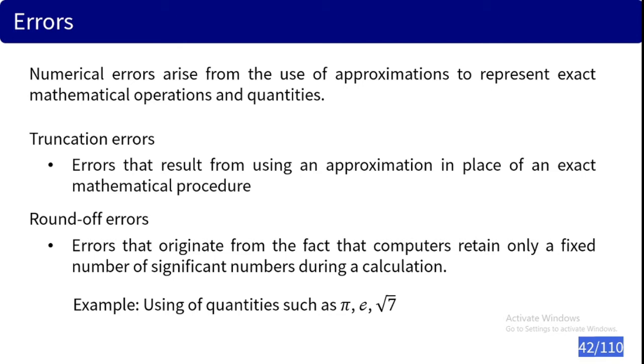So there are two errors involved here. First, truncation errors. Truncation errors are errors that result from using an approximation in place of an exact mathematical procedure. So truncation errors are in the method itself. Okay. You can see this, for example, in the numerical solution to the falling parachutist problem.